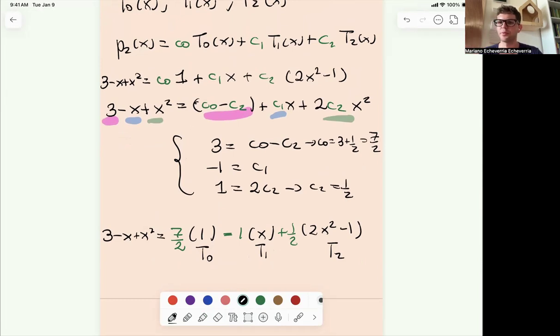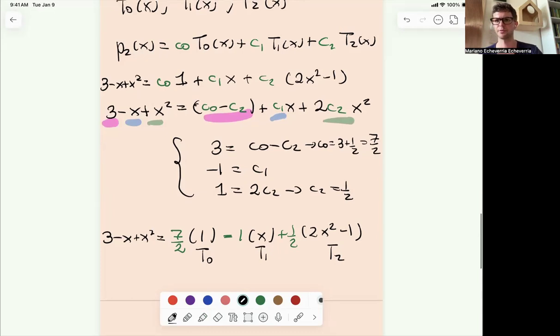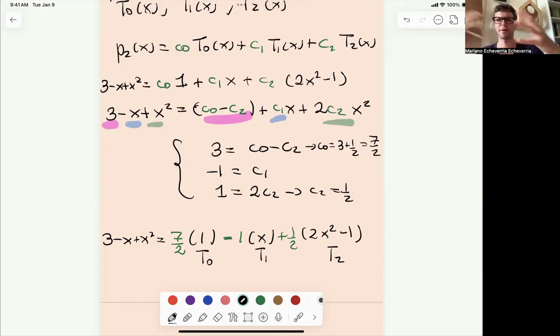This will be useful between today and tomorrow because we will have to do Lagrange interpolation very soon, and it will be useful to express the polynomial that you get after you interpolate in terms of the Chebyshev polynomials. You'll see why that's useful. That's where everything will start coming back together.